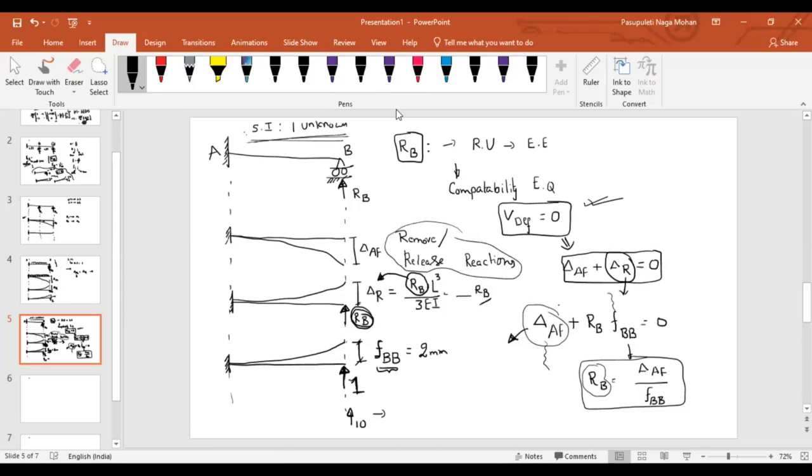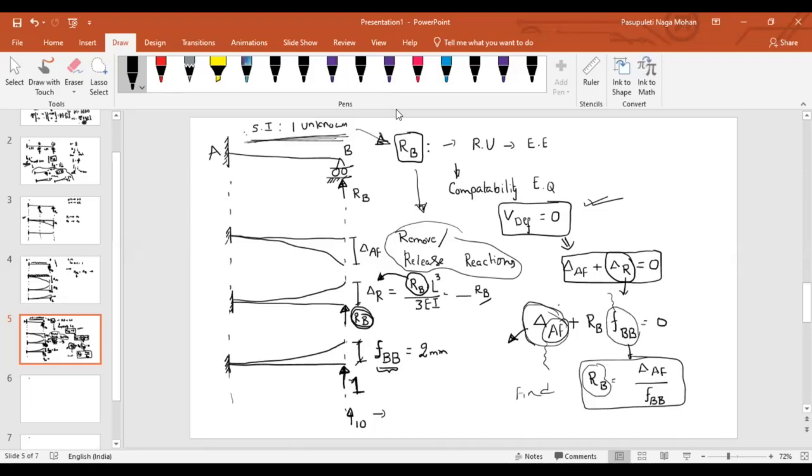First find the static indeterminacy. After that, select the unknowns. After selecting the unknowns, you have to remove or release the forces. If you do that, what is the next step? Find out the deflections due to applied forces, and then find the flexibility matrix, and then find the required unknowns.